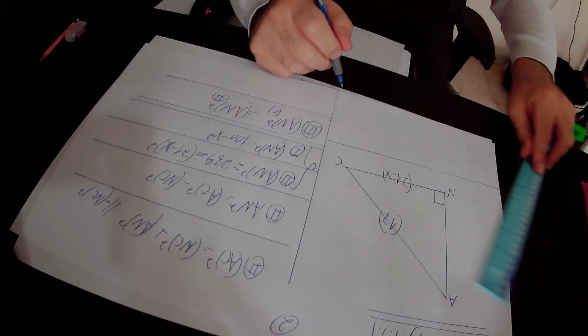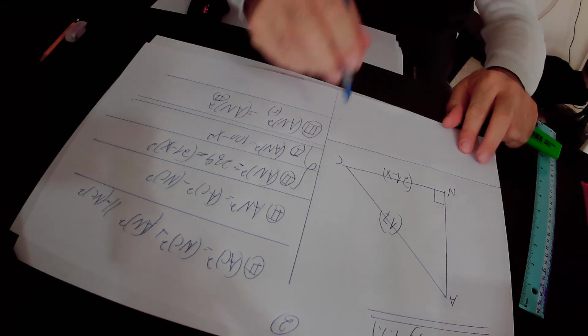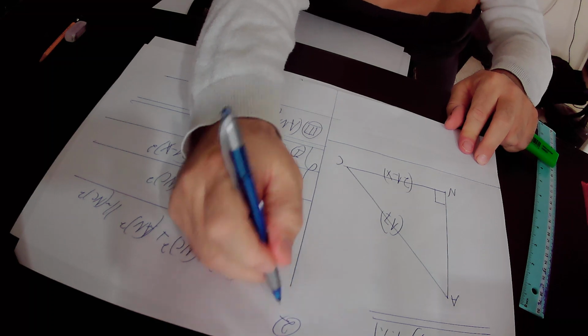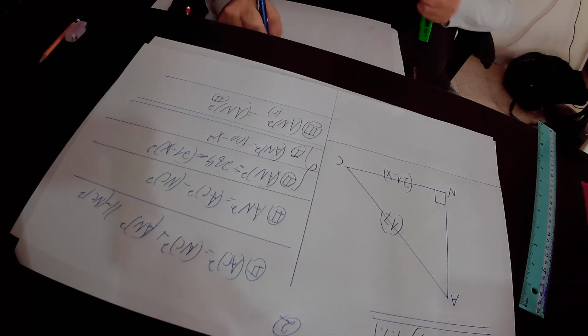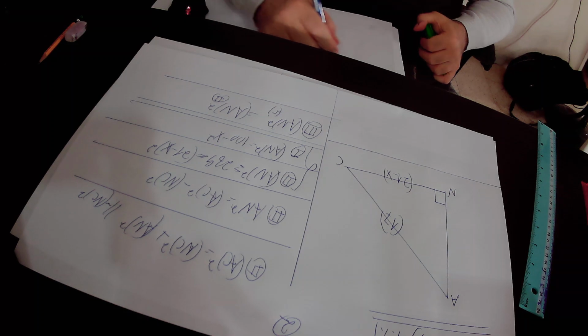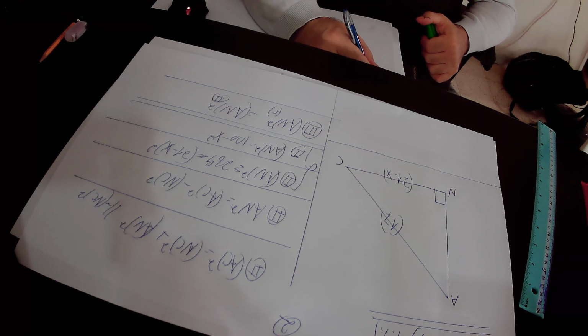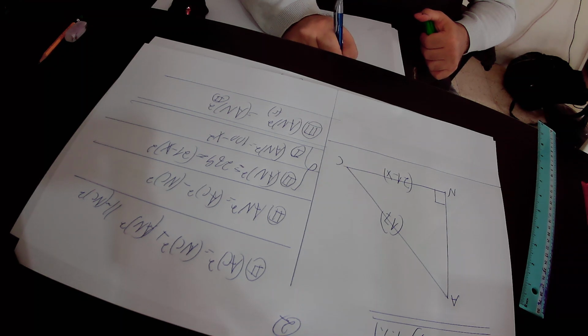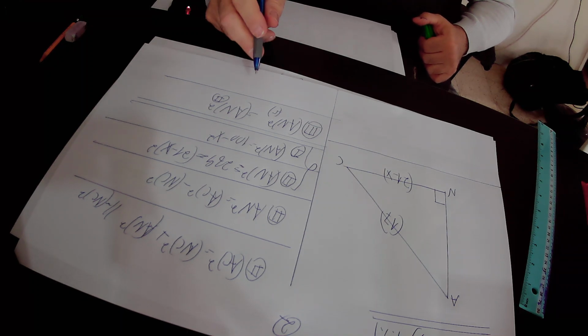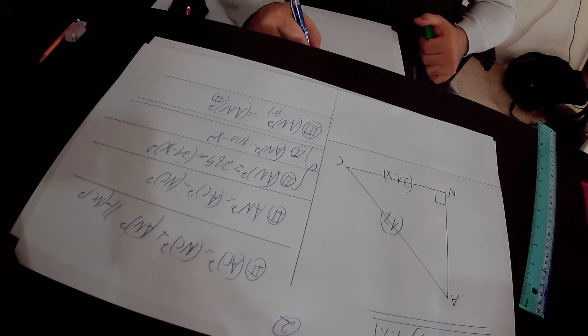So AN squared according to equation 1 equals 100 minus x squared, and that's equal to AN squared according to equation 2, which equals 289 minus (21 minus x) squared.